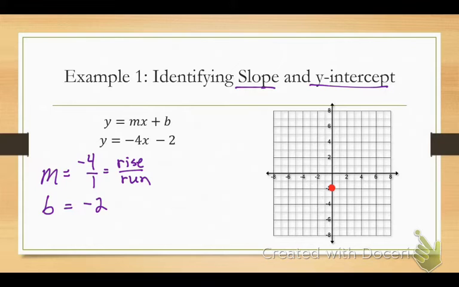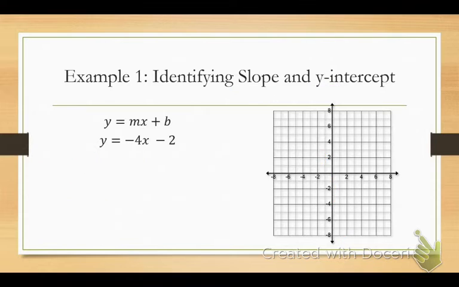So 1, 2, 3, 4 and over 1. Now you can draw your line. You'll want to use your straightedge and put your arrows on the end. You'll use it in a minute in example 2, where we're going to graph them. All right, look at the next example.